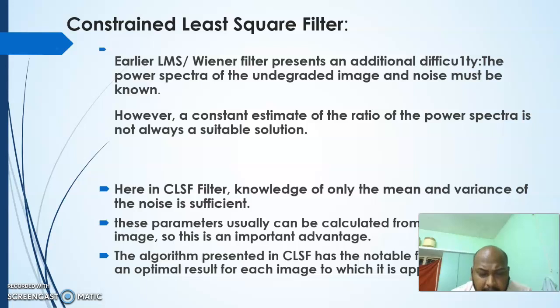So, to handle that, in the constrained least square filter, the knowledge of the mean and variance of the noise is used. Instead of power spectra, we take the mean and variance of the noise.